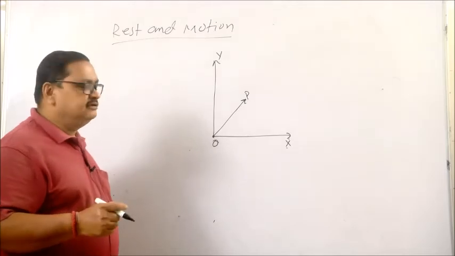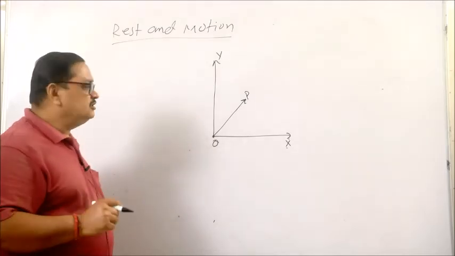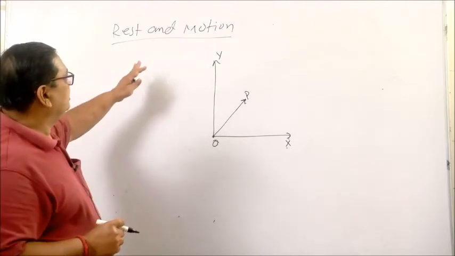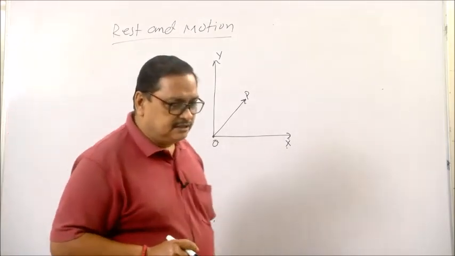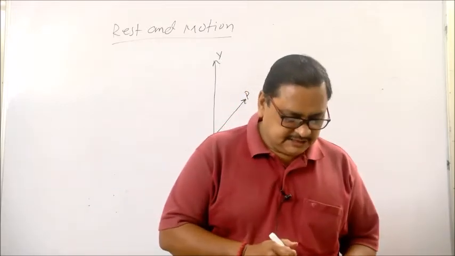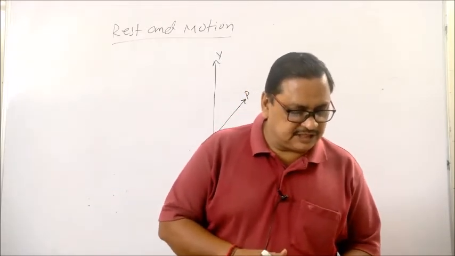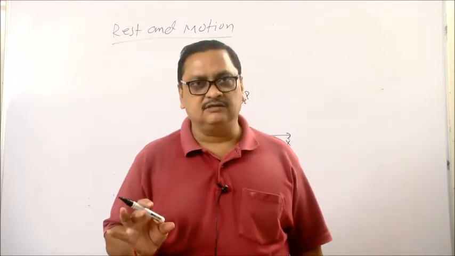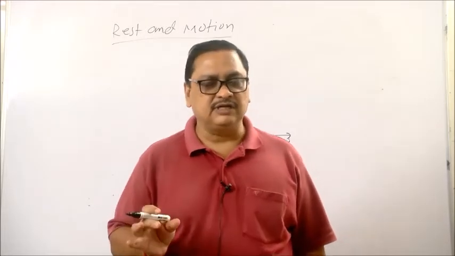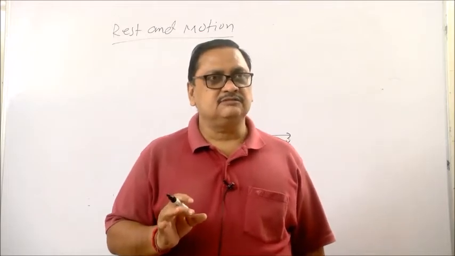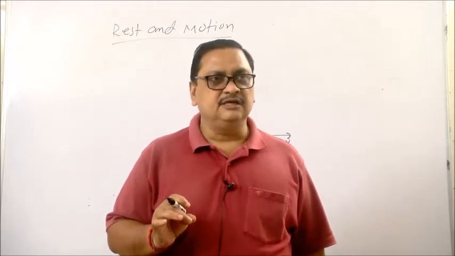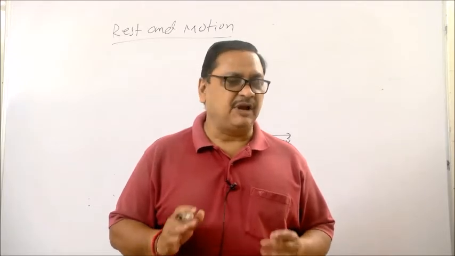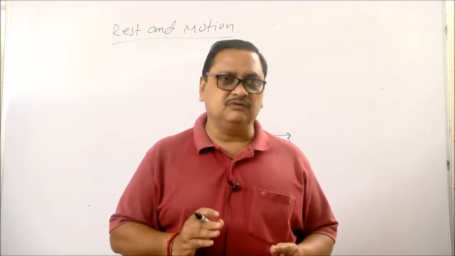If it varies, then the lizard is in motion. In this way, we can define rest and motion: a body is said to be at rest if its position remains constant with respect to any fixed coordinate or surrounding.